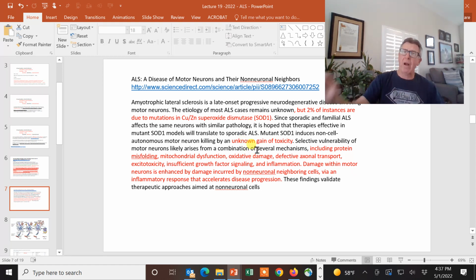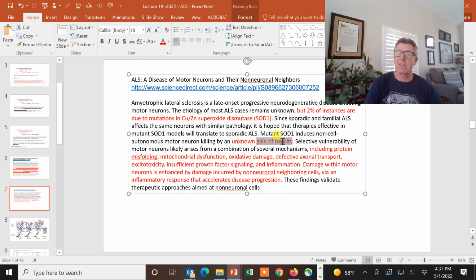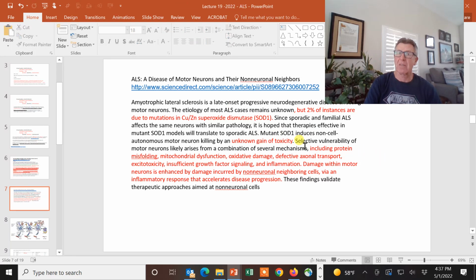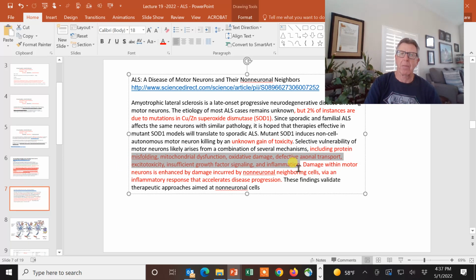So you have more hydrogen peroxide being pumped out, but then the glutathione peroxidase and the catalase can't keep up with it. The hydrogen peroxide then reacts with metals like copper and iron, and boom, you've got hydroxyl radicals, and it kills off the cell. This is called a gain of function or gain of toxicity mutation in the SOD1.